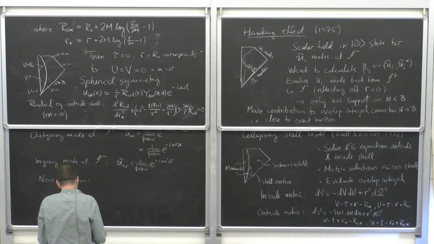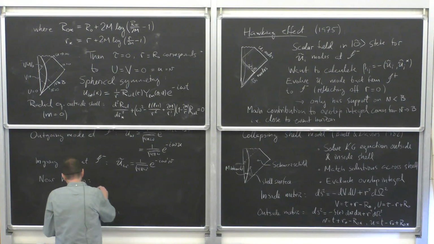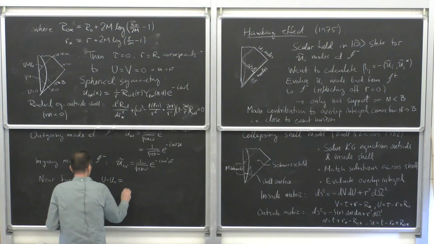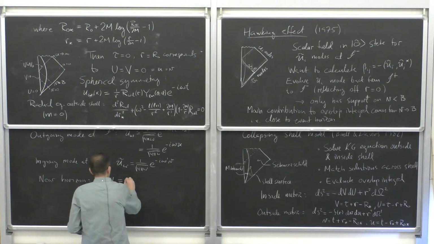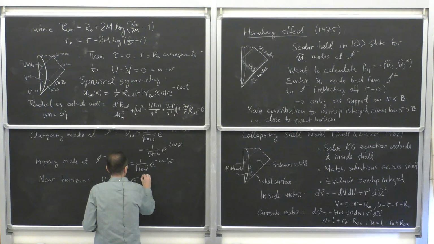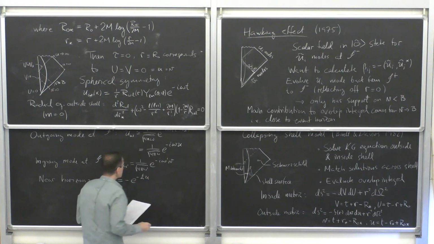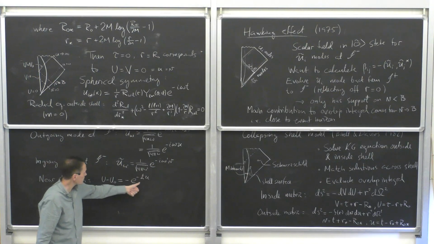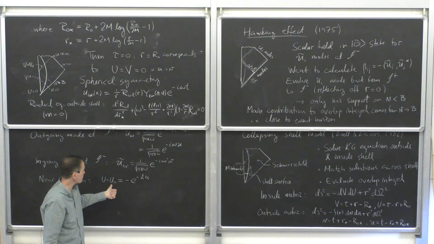So I claim that u minus u0 near the horizon should be minus e to the minus kappa u. Remember, this is the Kruskal coordinate.